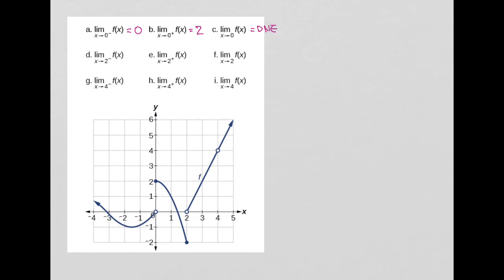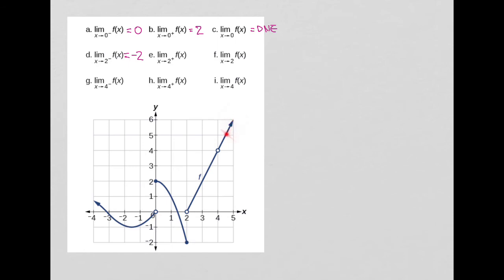When x approaches 2 from the left, x equals 2 is right here. From the left-hand side means this entire function here. As I get closer and closer to x equals 2 from the left, your y value is getting closer and closer to negative 2. And when x is getting closer and closer to 2 from the right, you will be here.